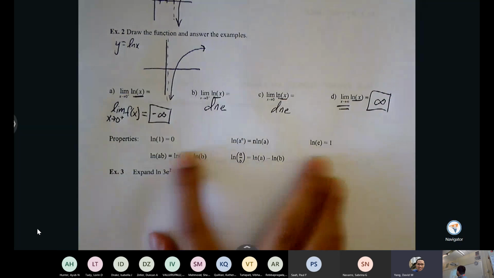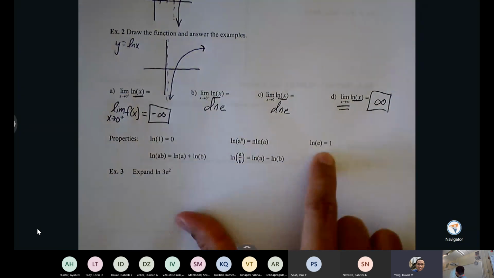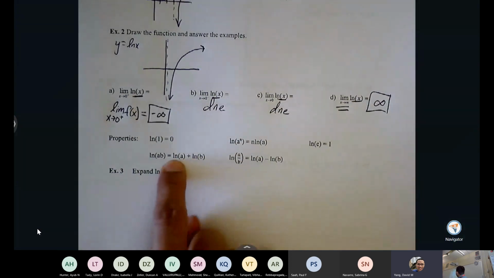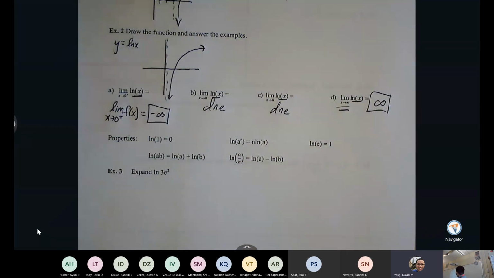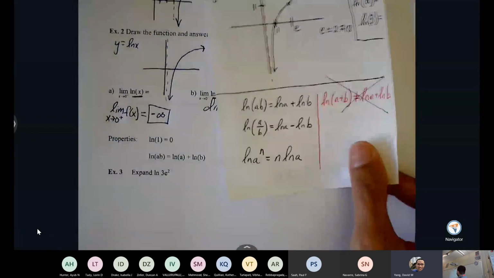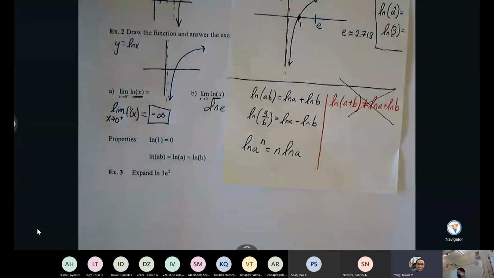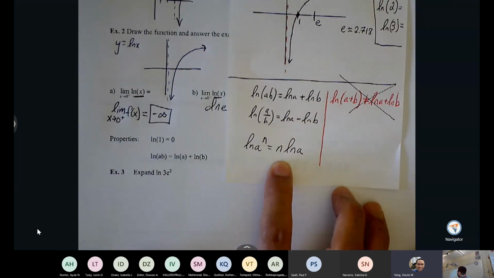Okay, some properties here. Natural log of 1 is 0. That's just an ordered pair on the graph. Natural log of e is equal to 1. That's an ordered pair on the graph. And then we have product property, quotient property, and power property. So I wrote it out in a different form here, just so it'll be easier to reference. These properties will be helpful. We're going to practice expanding and condensing these, and then we're going to see how these play a role when we find the derivative.